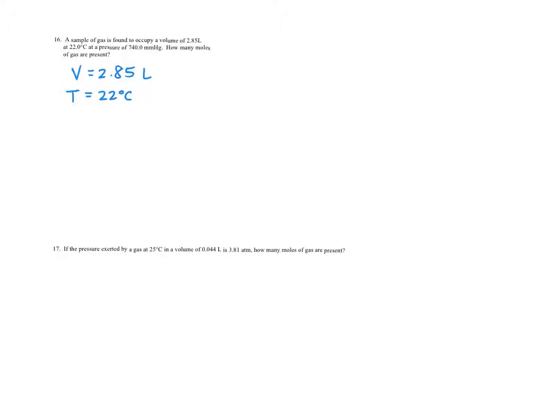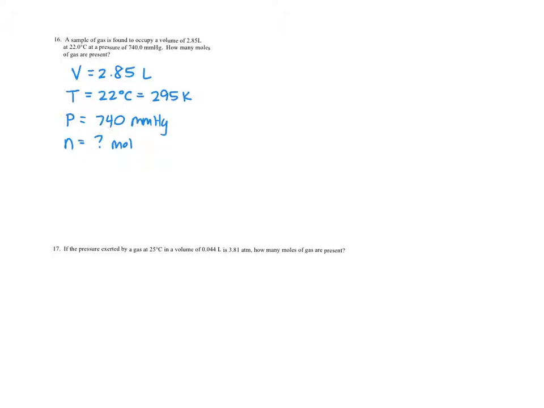And again, I'm going to change that to Kelvin right away so I don't forget. So 22 plus 273 is going to give me 295 Kelvin at a pressure of 740 millimeters of mercury, mmHg. How many moles of gas are present?